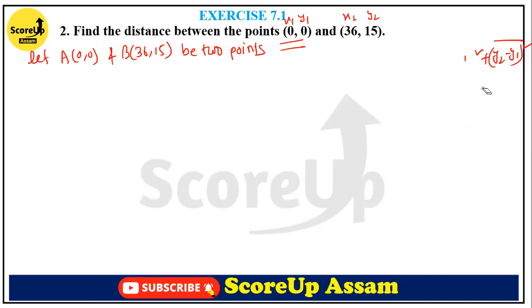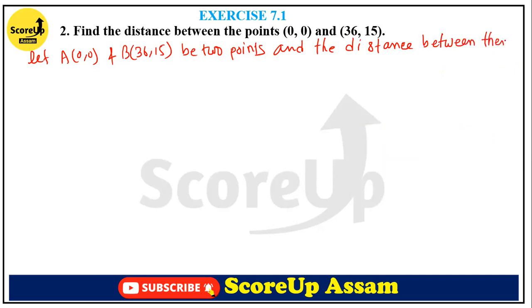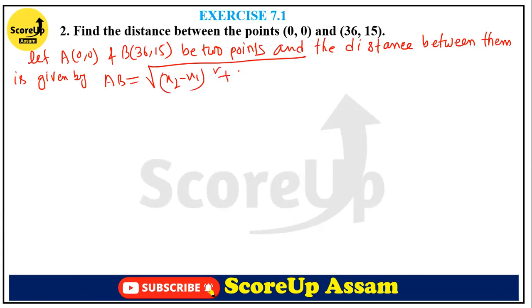I shall solve it in 2 different methods. The distance between them is given by AB equal to root over (x2 minus x1) square plus (y2 minus y1) square.